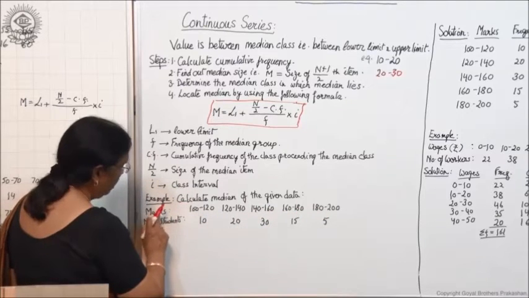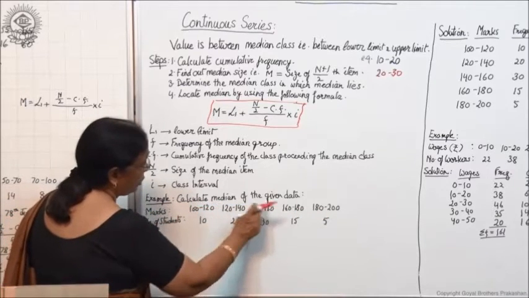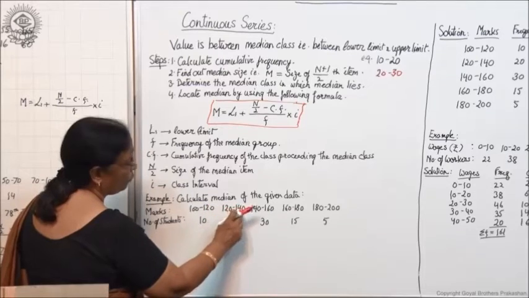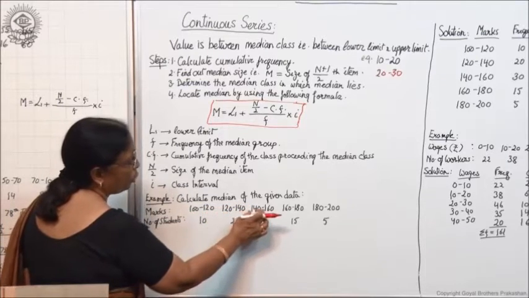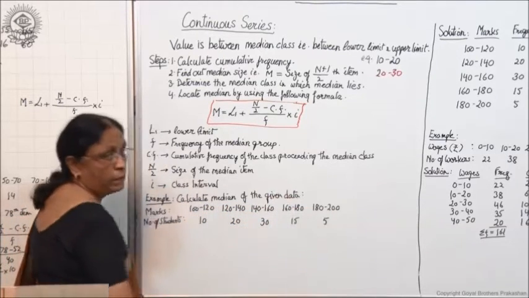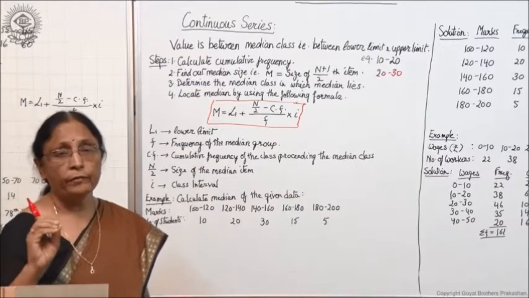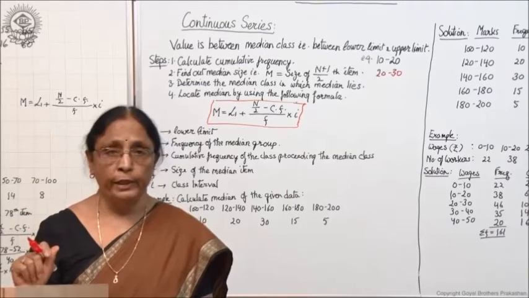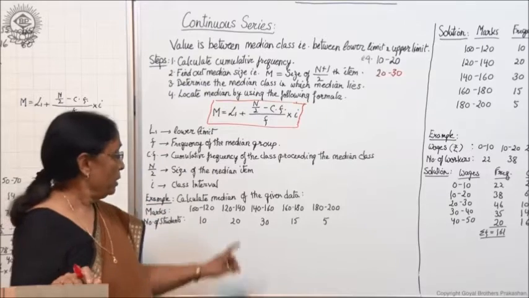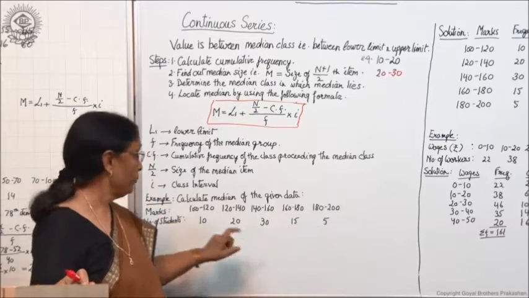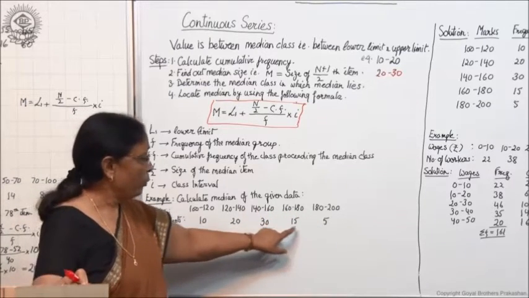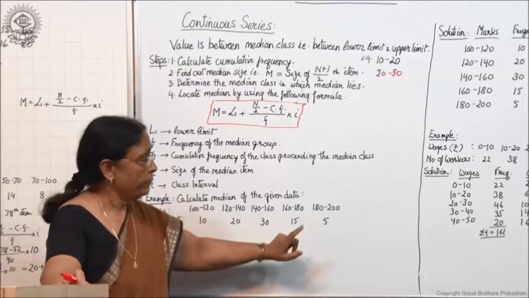So this is the mark distribution, 100 to 120, 120 to 140, having a class interval of 20 in each case. This means that the class interval is equal, and this is the frequency or number of students given.